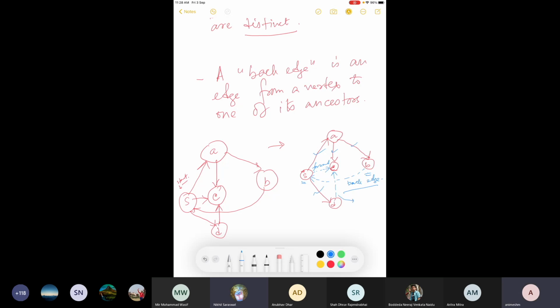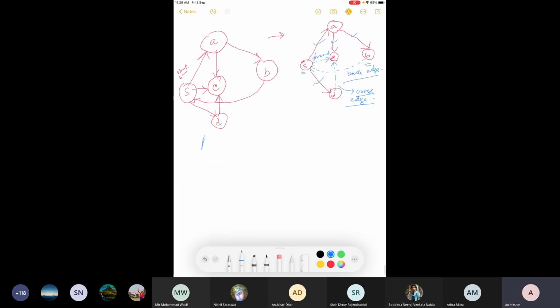This is the cross edge. So now, somebody said that if there was an edge from S to B rather than from B to S, then what would that edge be? Forward edge. That would be another forward edge.